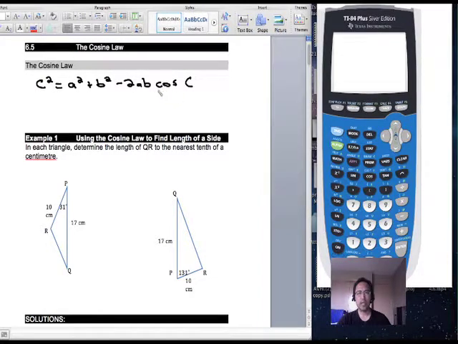If we're looking for the angle, we solve for cos C on the right-hand side. Okay, so I'll just say this here is that the law for the one that you're looking for begins and ends with the same letter.